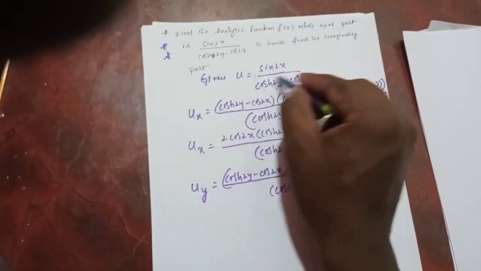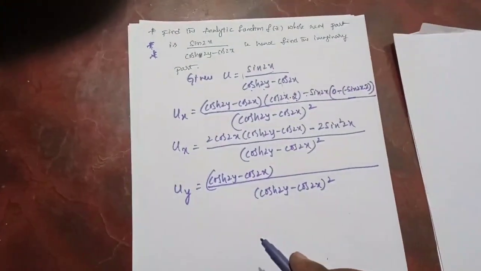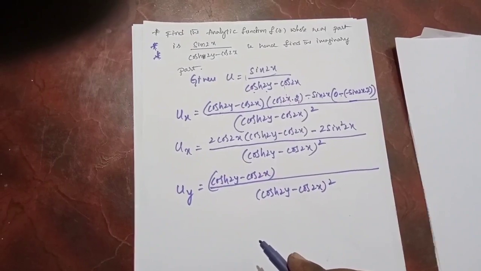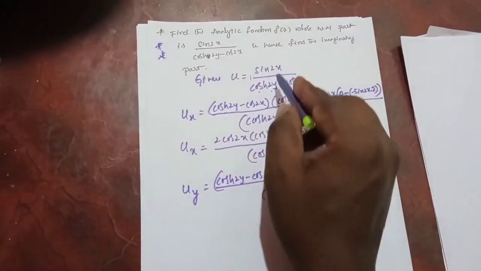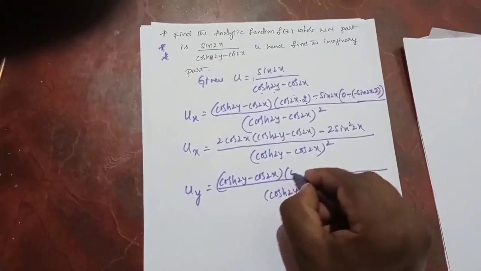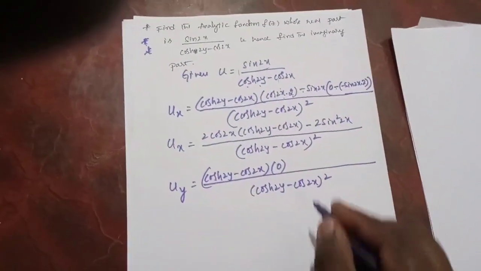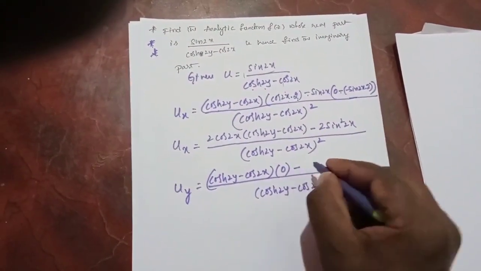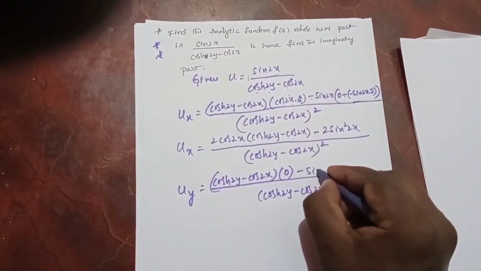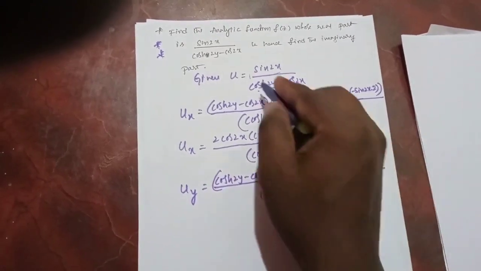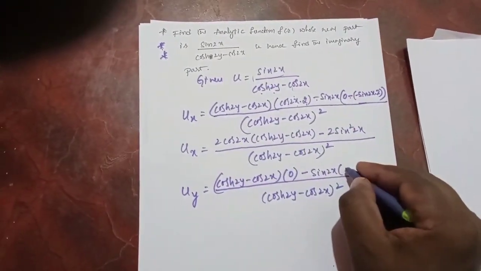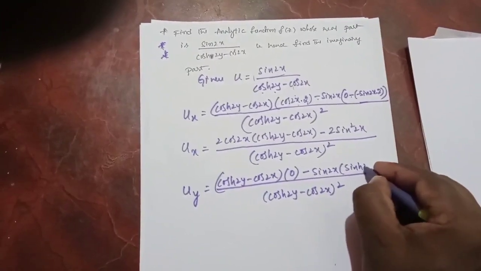Differentiation of the numerator. Here sin 2x is there. Differentiation of sin 2x with respect to y, that is a function of x, is 0. Minus, write sin 2x as it is. Here cos hyperbolic 2y differentiation is sin hyperbolic 2y.